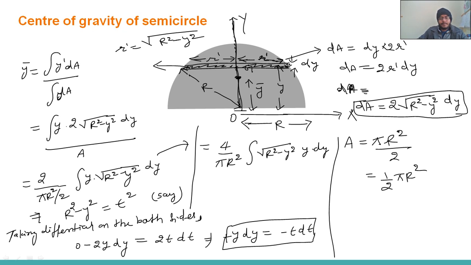We can write 4 divided by pi r square integration root under of t square, since r square minus y square is equal to t square. And y dy we can write as minus t dt.